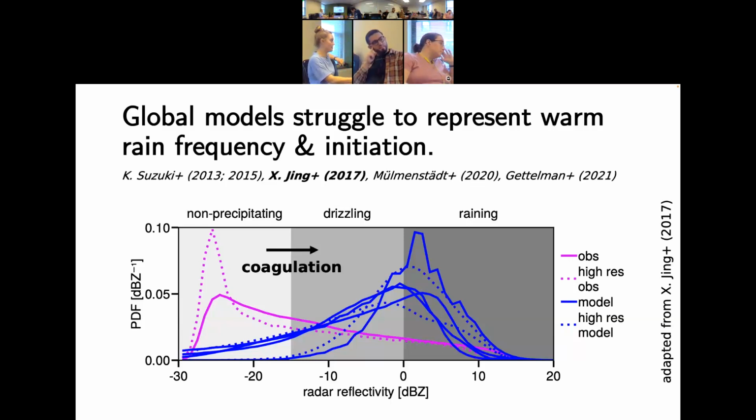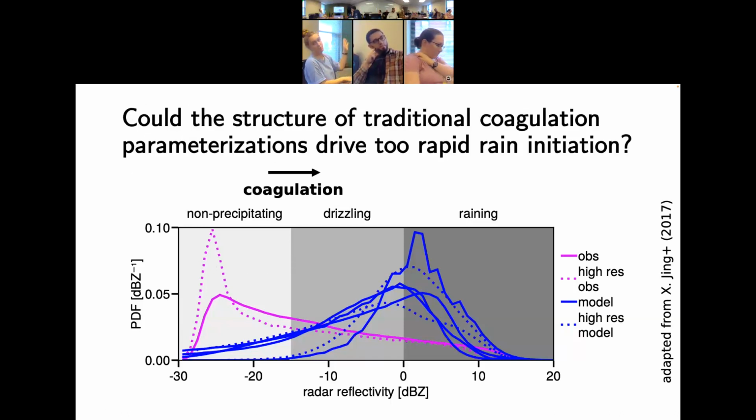The process of this transition in size, or in radar reflectivity, is driven by coagulation. And so the larger motivation is: could the way that coagulation is traditionally parameterized in these global models drive too rapid rain initiation? You could also look at this work as there being unphysical assumptions in how these models are representing this process.